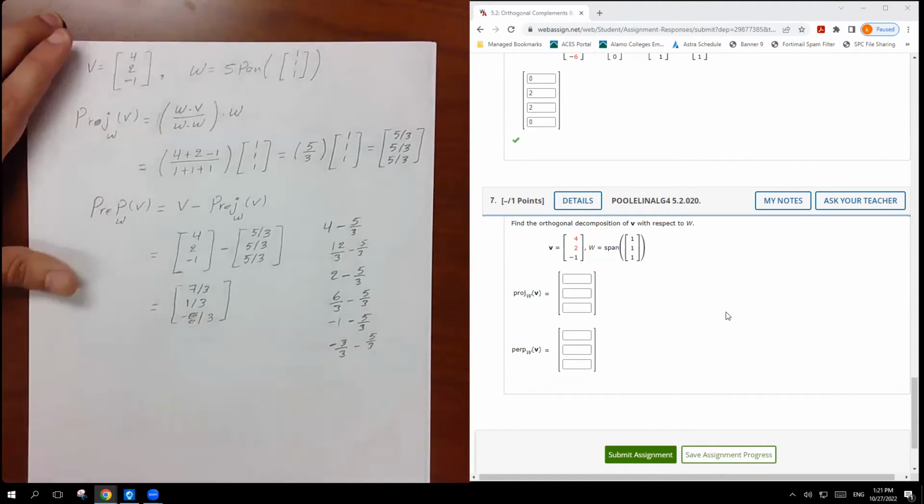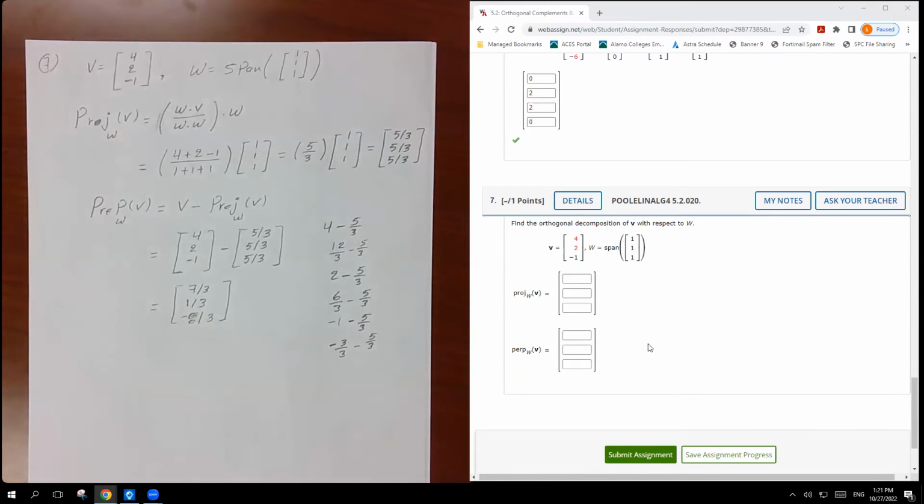That's it. This is the orthogonal decomposition. So we're just going to type here the projection is 5 over 3, 5 over 3, and here. And the decomposition is going to be 7 over 3, 1 over 3, and negative 8 over 3.